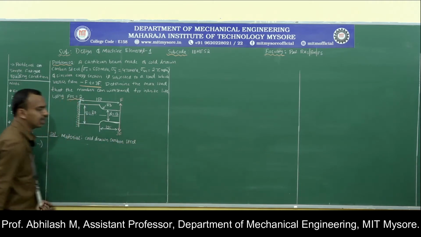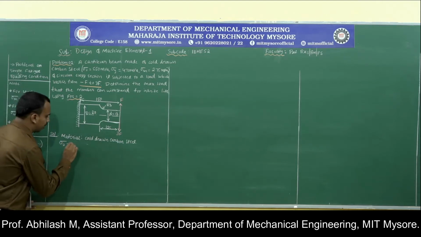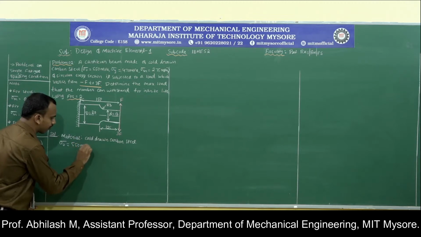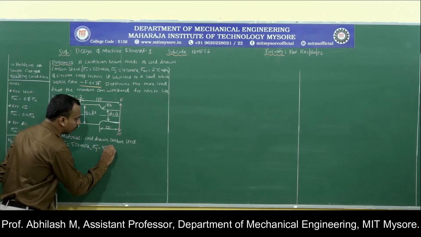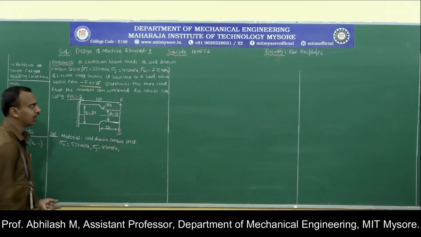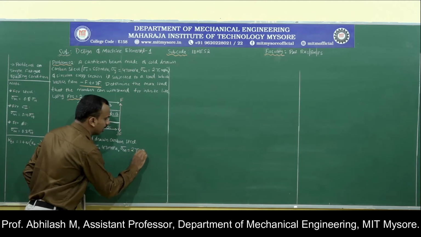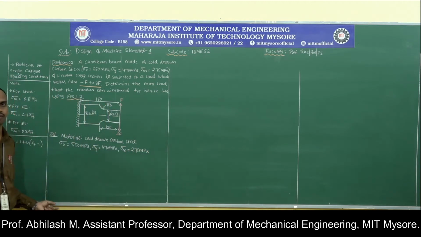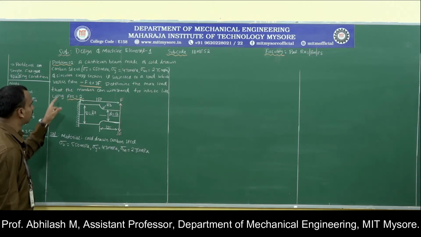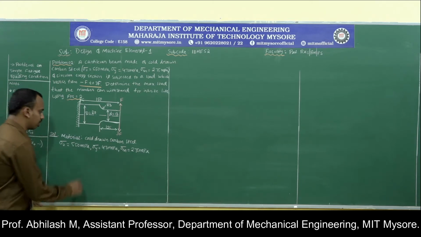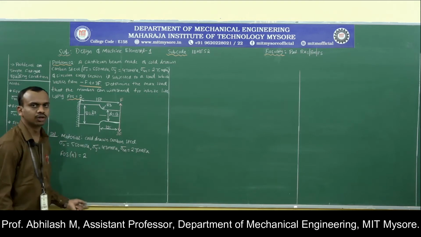The material is cold drawn carbon steel, with sigma u equals 550 megapascal, sigma y equals 470 megapascal, and endurance strength sigma en equals 275 megapascal. The load varies from minus F to 3F, and the factor of safety N is equal to 2.